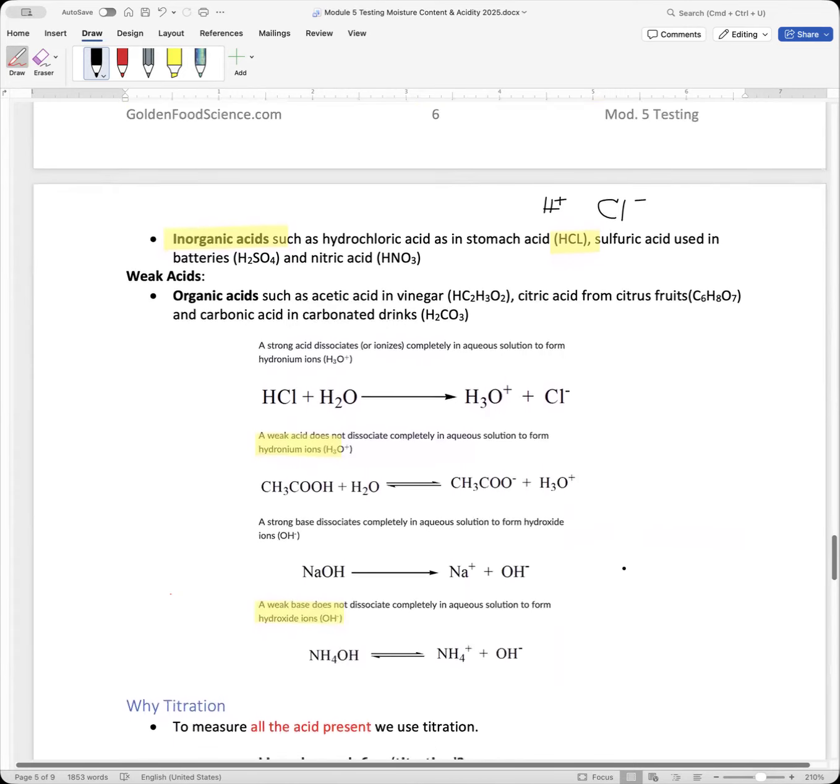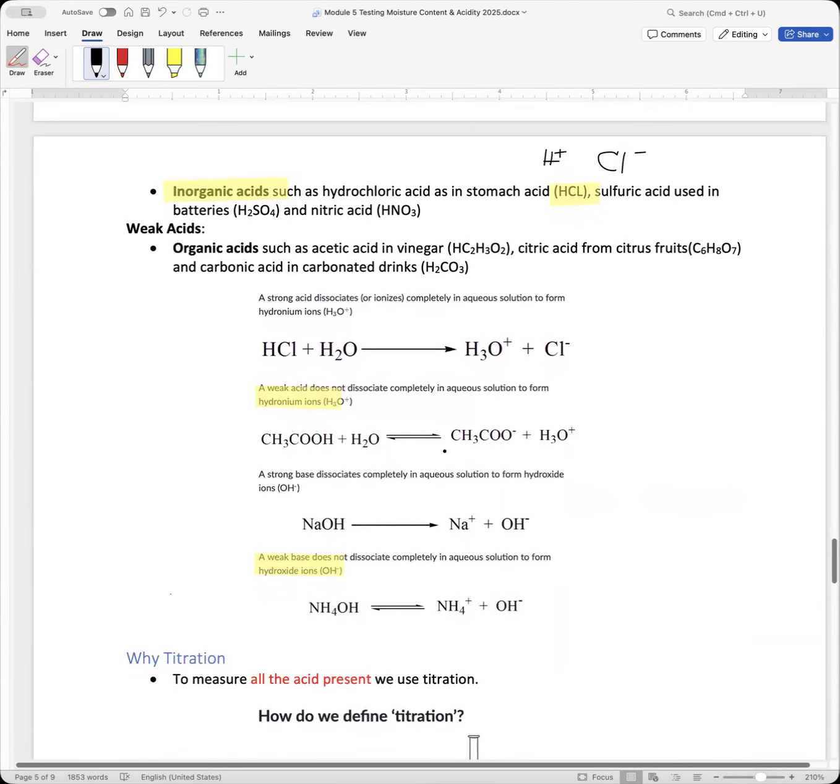The acid that we use in food is an organic acid, meaning it contains carbon, right? So what happens with the organic acid? An organic acid disassociates, but it doesn't disassociate totally.